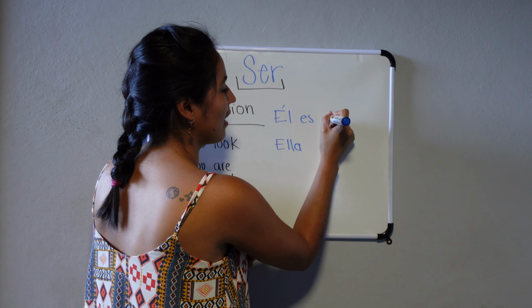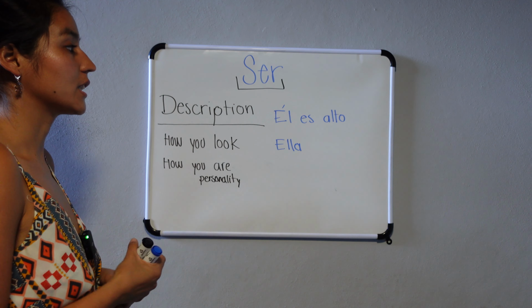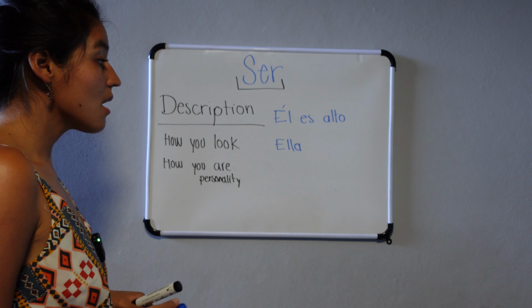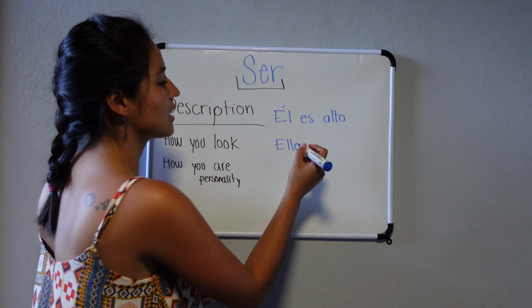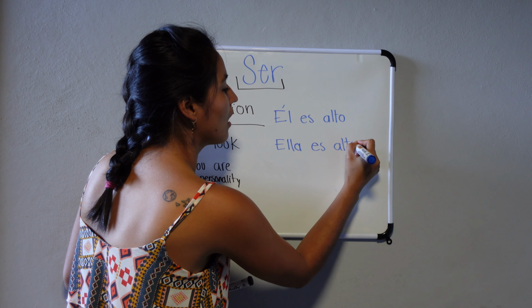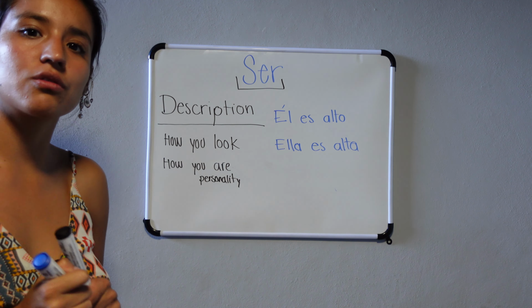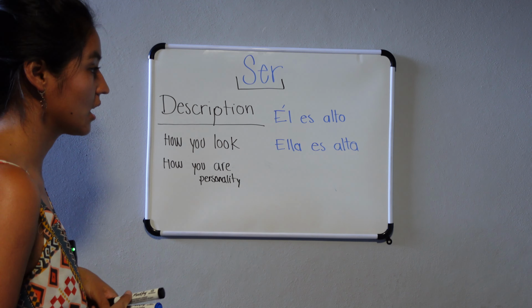He is tall. We are talking about characteristics, okay? We're describing him. And we're gonna do the same one, but with her. Ella es alta, okay? We have to remember in Spanish, not all of them, but mostly all the adjectives have a feminine and masculine version.